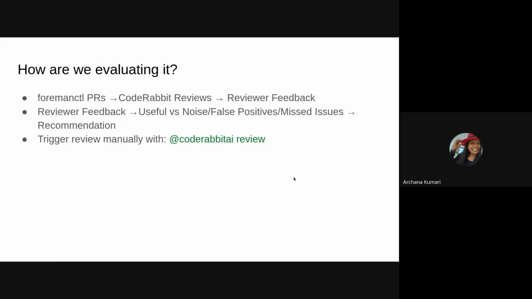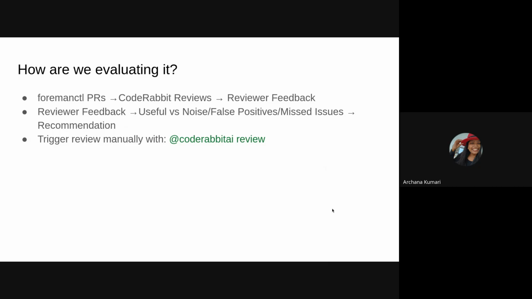Here is how the evaluation process is working right now. First, CodeRabbit reviews PRs in the Foreman control repos and leaves comments. That happens by manually triggering it, adding a PR comment that is @CodeRabbit AI review.